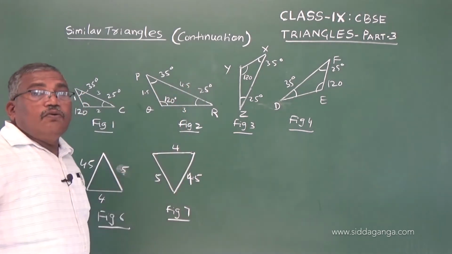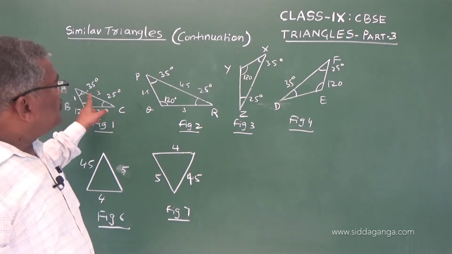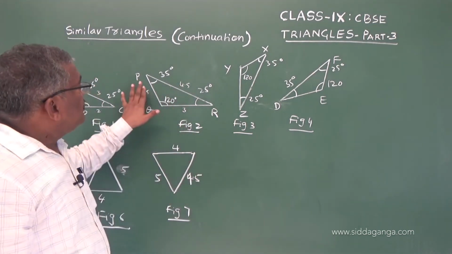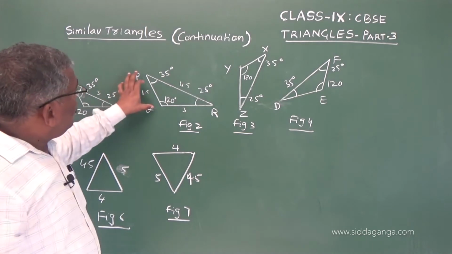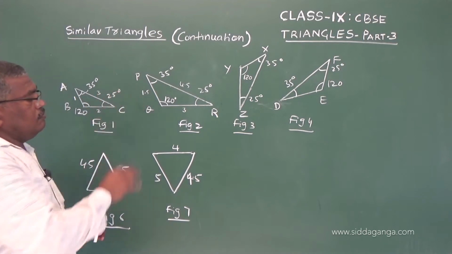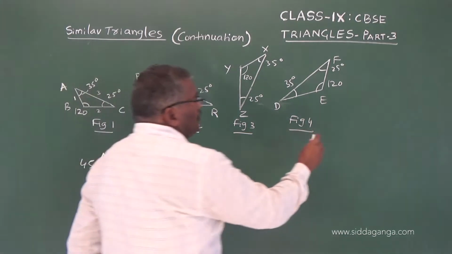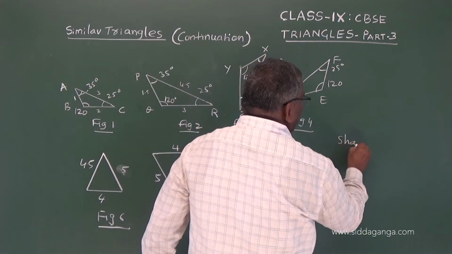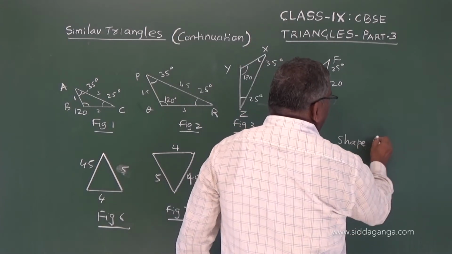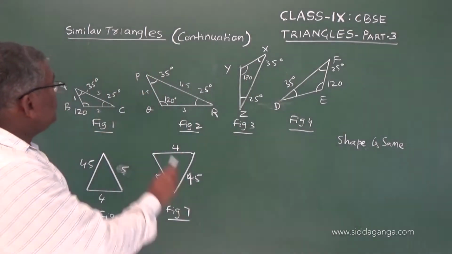Likewise, ratio wise, it may be 1.5 or whatever it is. That means the sides are in proportion. So if you observe these two diagrams, their shape is the same, but they differ in size.